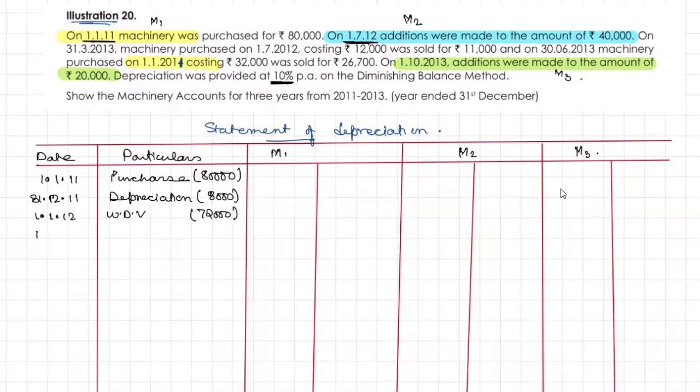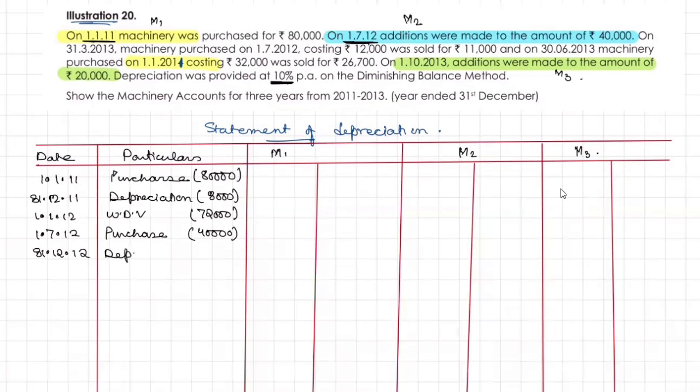Now, on 1st of July 2012, an addition has been made of 40,000, correct? So that means again a purchase is there of 40,000. Now again, nothing has been done in the year, so we'll calculate the depreciation.